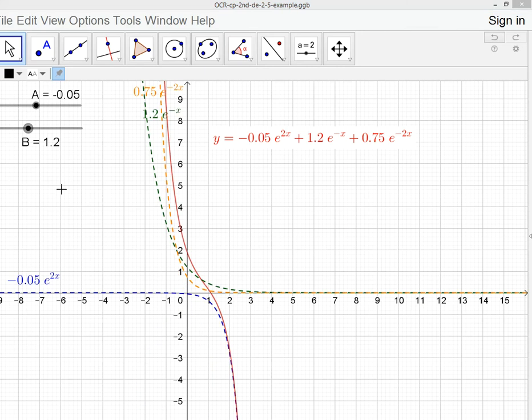Here we can see that when a is small and negative and b is positive, the curve y looks similar to the particular integral component for x less than 0, but tends towards the first component of the complementary function as x is positive.